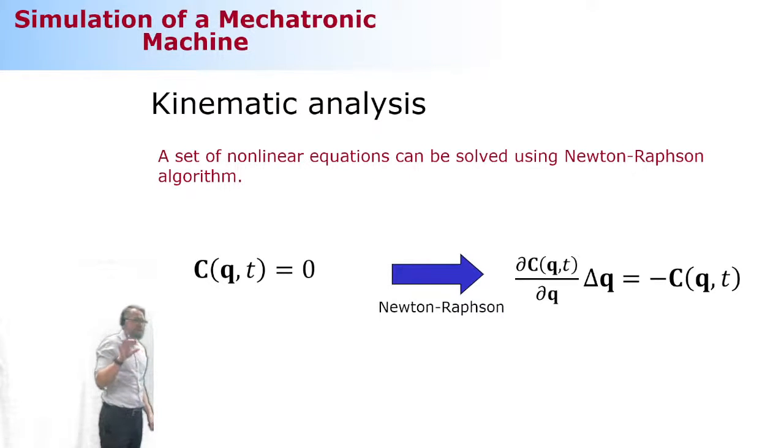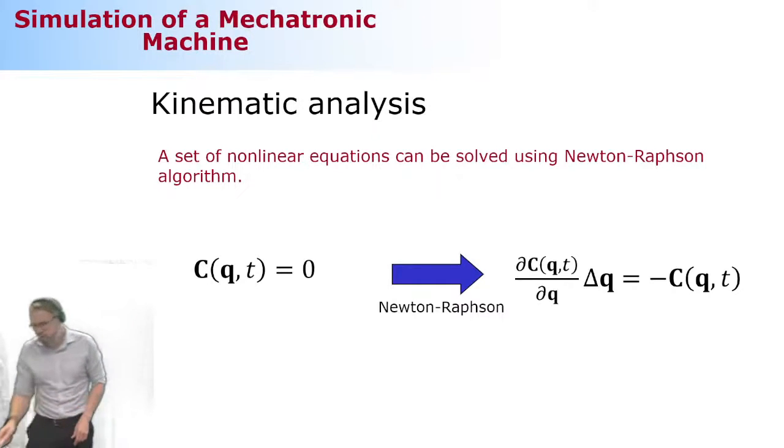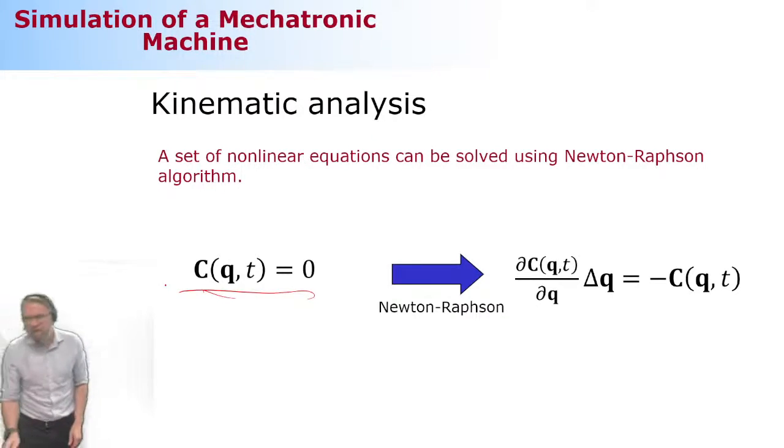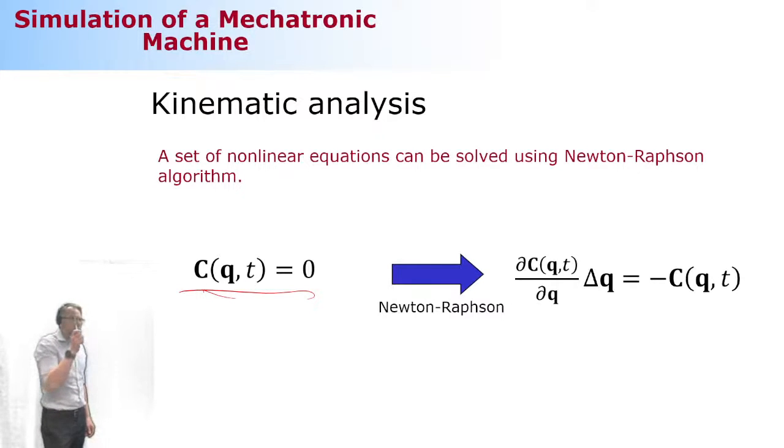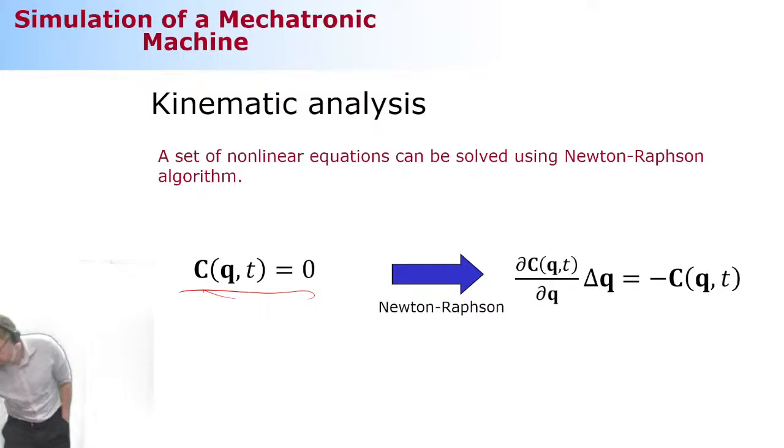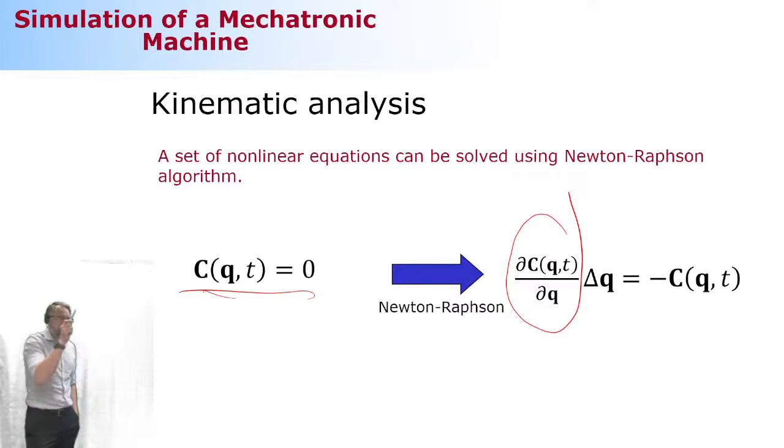Of course, I should give a solid, waterproof explanation of how this came about, but cutting corners, if this is your set of nonlinear equations, what you do to solve it using Newton-Raphson is compute the matrix where you differentiate all these equations with respect to all your unknowns. What are the unknowns? Generalized coordinates.